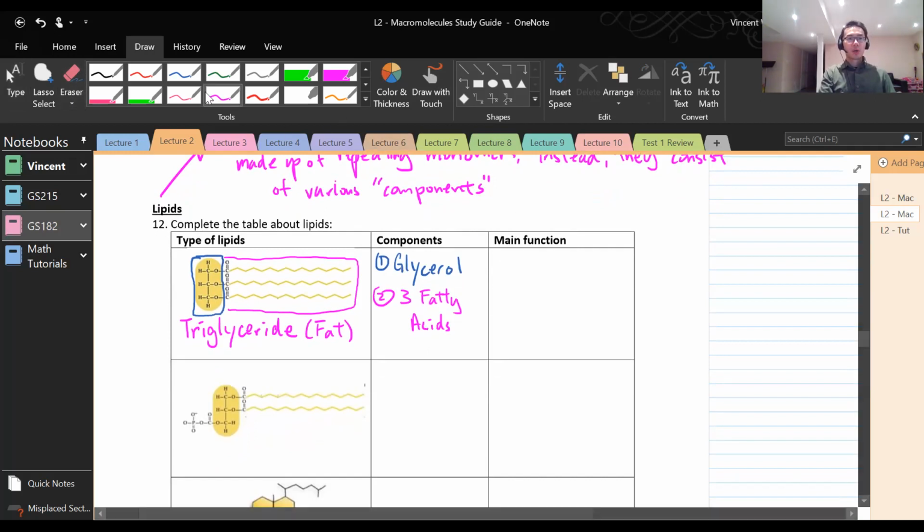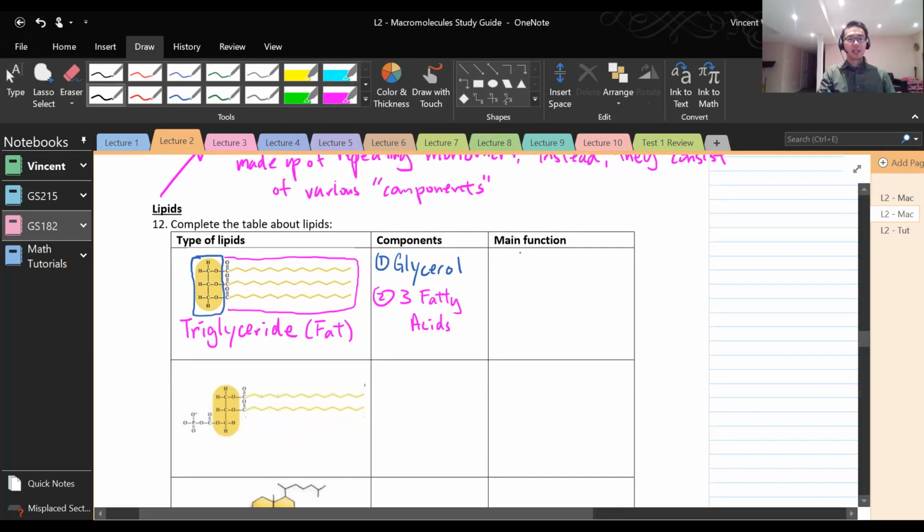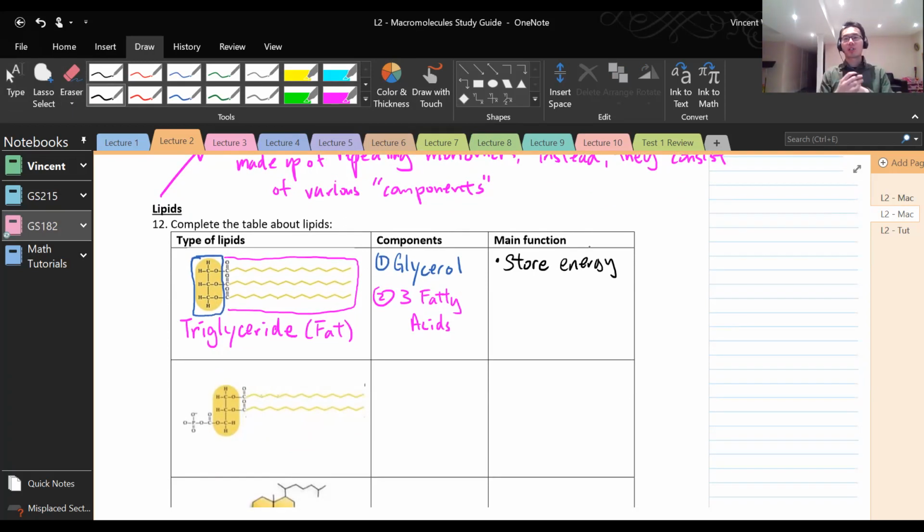So what are some of the main functions of a fat molecule? They can store energy. We store the excess glucose as glycogen in the liver and in the muscle. But if you consume way more than you need, some of it will be converted into fat.